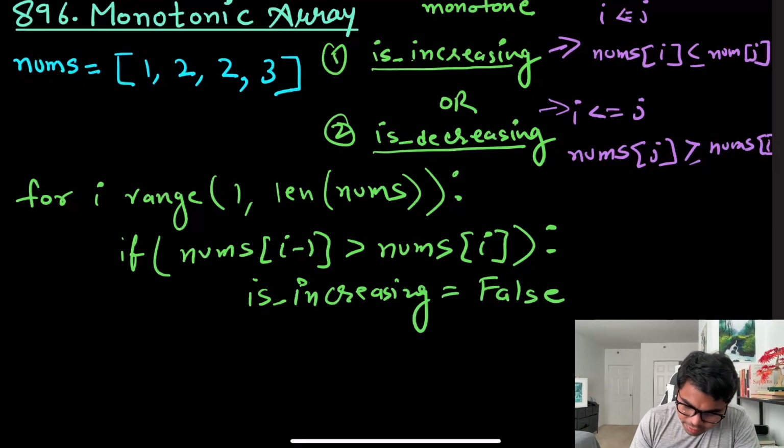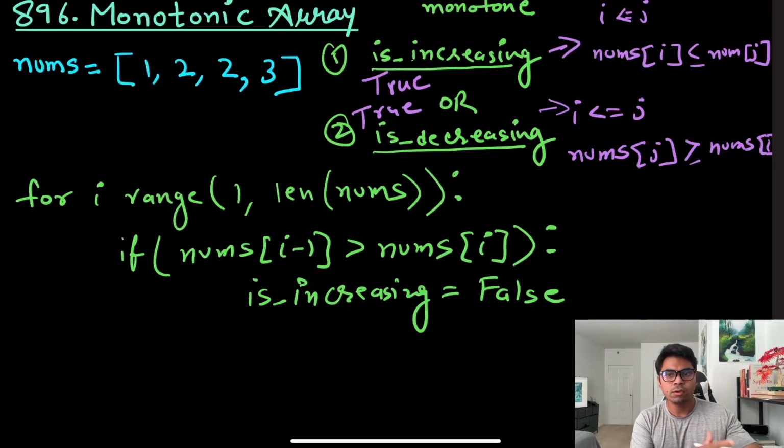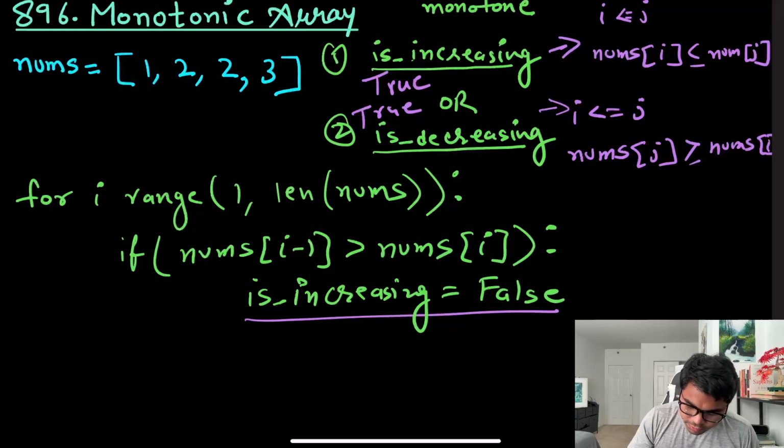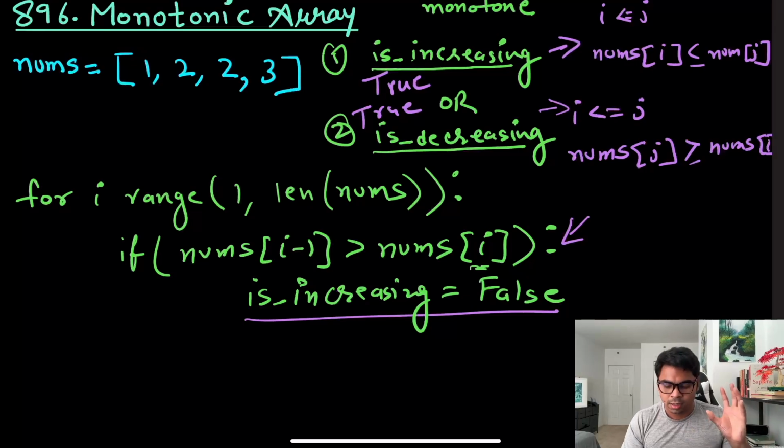Initially I will start both of these values as true by default, but I will update them here if I see this, because in this case it cannot be monotonic increasing, because I'm seeing a bigger value before i. The previous value was greater than the ith value.